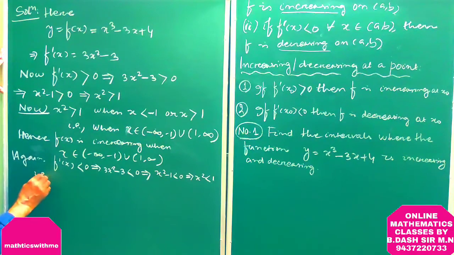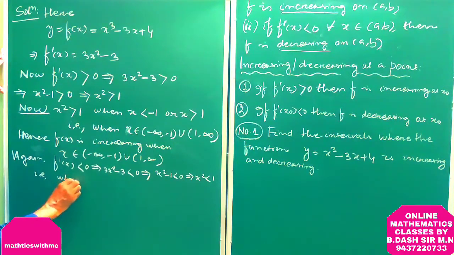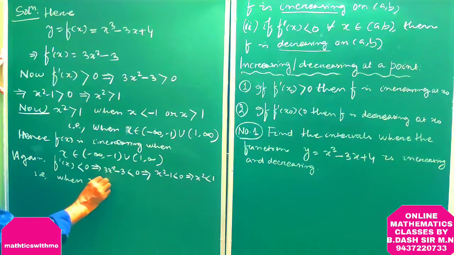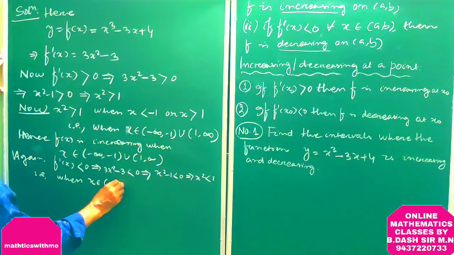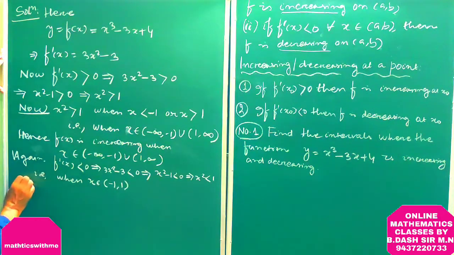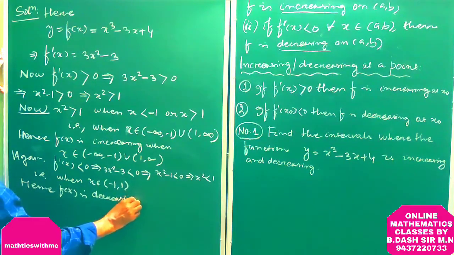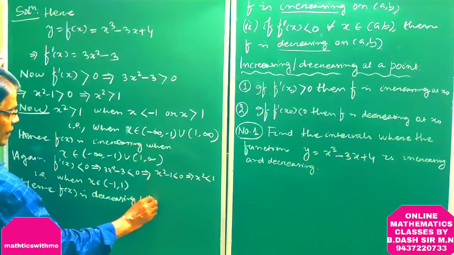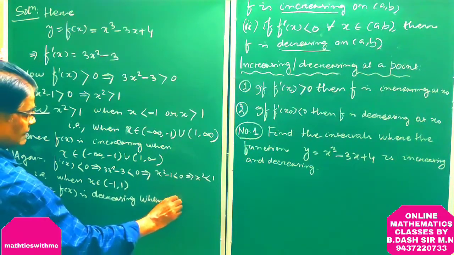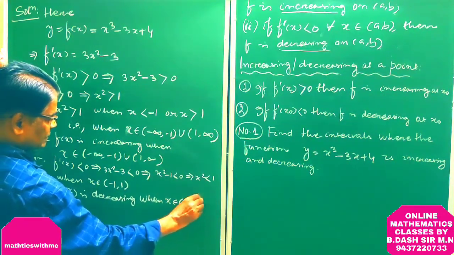That is when x belongs to (-1, 1). Hence f(x) is decreasing when x belongs to (-1, 1).